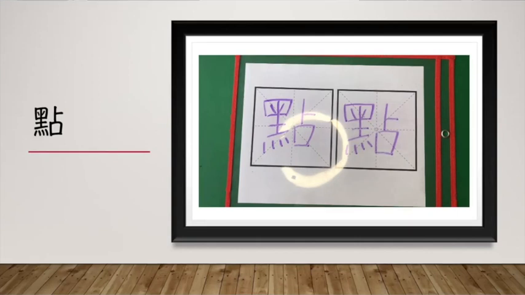We can also use the word 點 as we order something. When we are ordering food, that is to 點菜, 點嘢食. This is how we can also use the word 點. So to know how to write this word 點, it is still very useful. All right, so this is what we have today for learning the words from the simple to the more challenging. So let's go on with the exercise we have today.